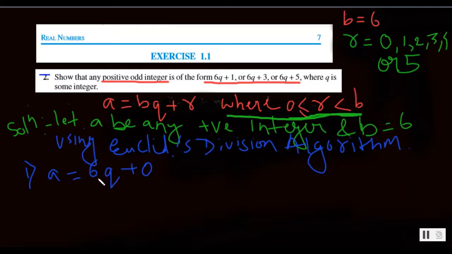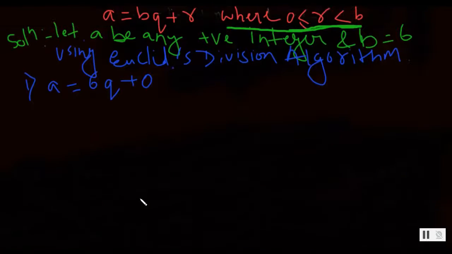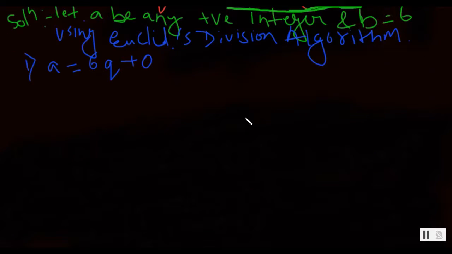Okay, so let us now understand that if we multiply any given integer with 6, what will it result in? If we write the multiplication table of 6, we'll see 6, 12, 18, 24 and so on.